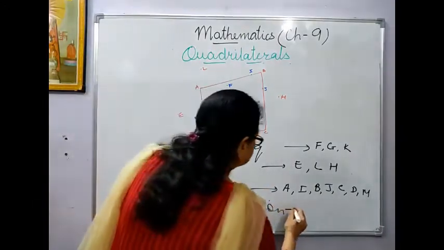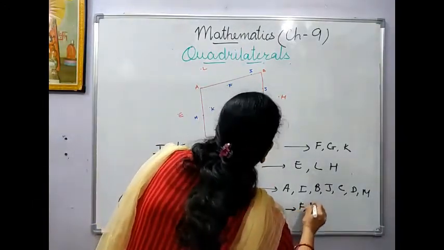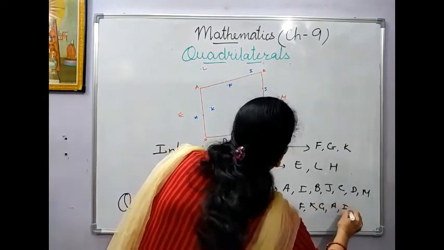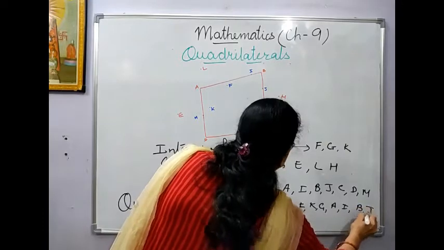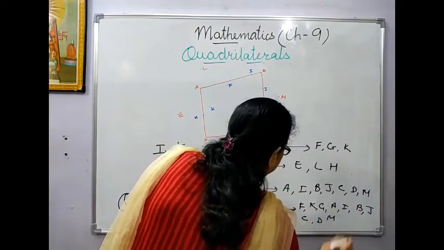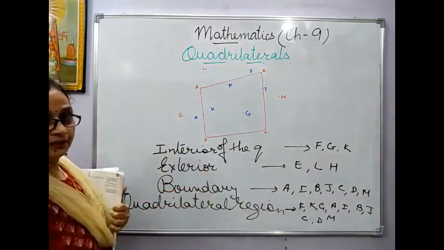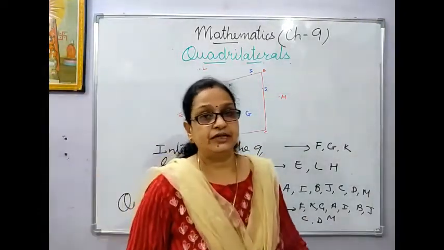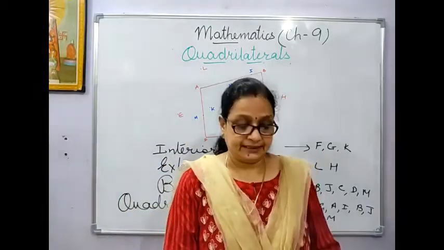So the points are F, K, G, A, I, B, J, C, D, M. So with this we finish the quadrilateral. Now we move on to the exercise.